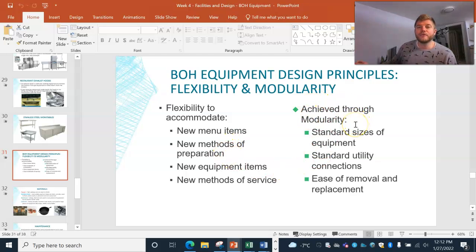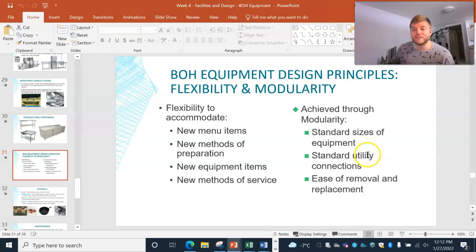Modularity means that most things are modular, which means there's a standard size of things. 30 inches deep is usually the kitchen depth of any kind of table. As far as width goes, it can be up to the piece of equipment, but they're usually fairly standard: a fridge, 36 inches, a grill might be 48 or 24.